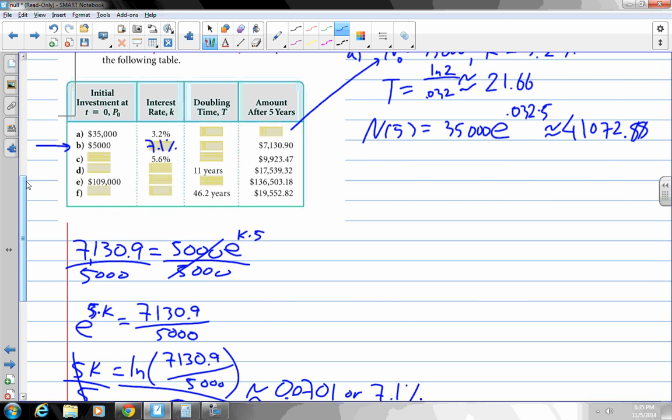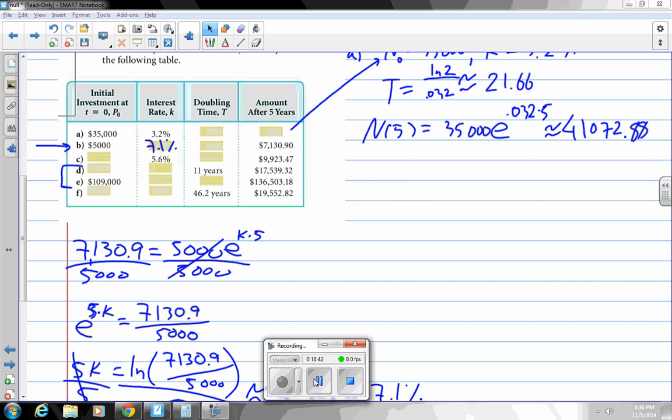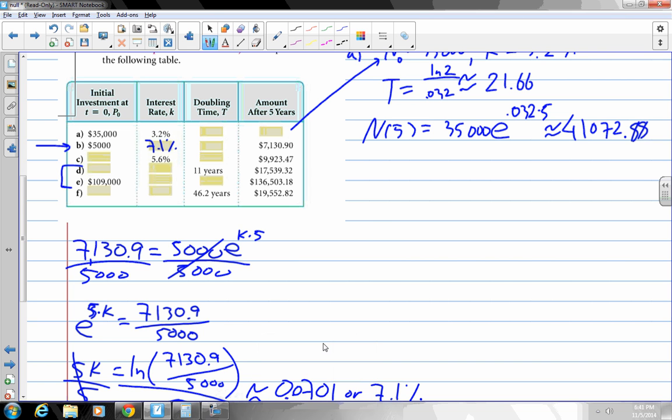On your own, see whether you can do D and E, these two. What did you guys get for the rate on D?